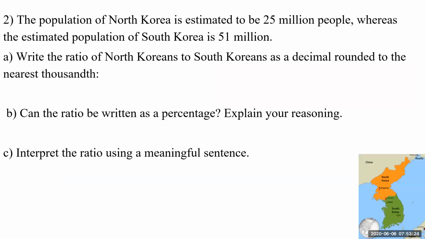Now, the population of North Korea is estimated to be 25 million people, whereas the estimated population of South Korea is 51 million. So NK and SK, right? Now we want to write the ratio of NK to SK. Order is important.